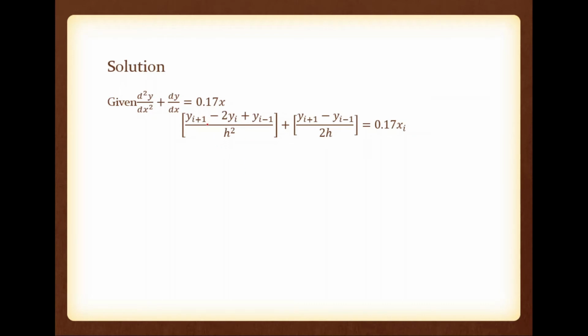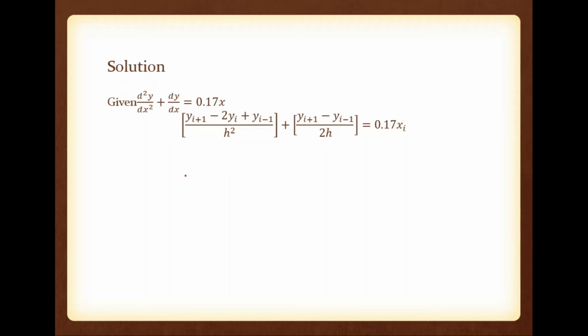Now you can see that here the denominator is h square, here the denominator is 2h, so the LCM is 2h square. So multiply the entire equation by 2h square. What will happen? Here we will have a 2, here we have to add h, and here we have to add 2h square.